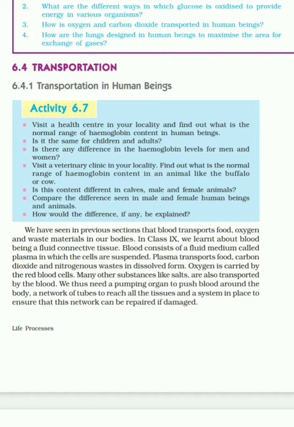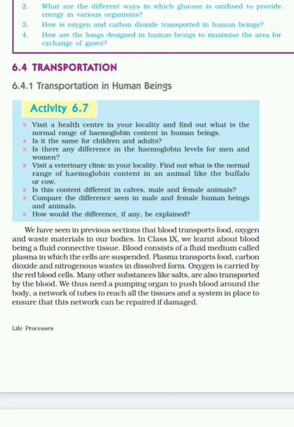Blood consists of a fluid called plasma, in which all the cells are suspended. RBCs, WBCs and platelets are suspended in this plasma. Plasma doesn't have any particular color, so we can say plasma is a colorless fluid.